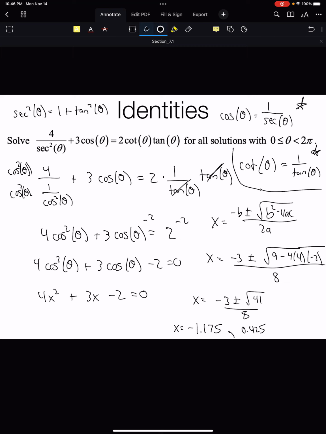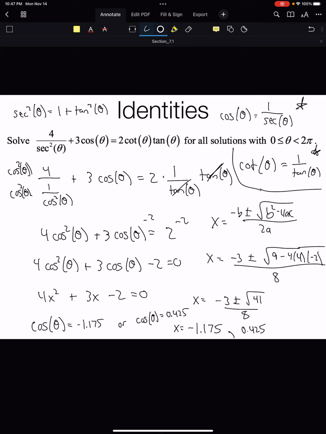Okay, so this means these values of x, remember that x is equal to cosine. So over here, either the cosine of theta is equal to negative 1.175 or cosine of theta is equal to 0.425.